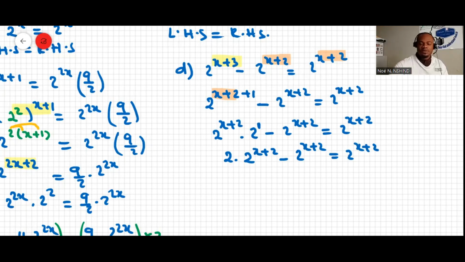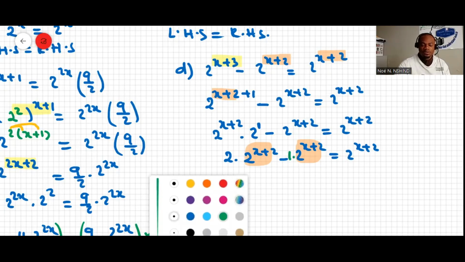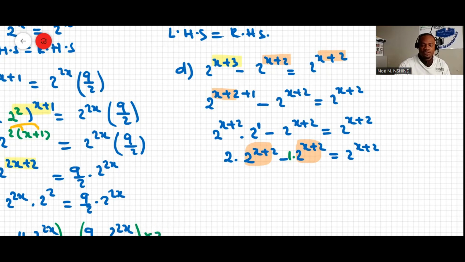Now, this is like one thing, okay? There is an invisible coefficient of 1 there. We can just use 2 minus 1, which is 1, or we can factorize. Take 2 to the x plus 2 as the common factor, and then it's going to be 2 minus 1 equal to 2 to the x plus 2.